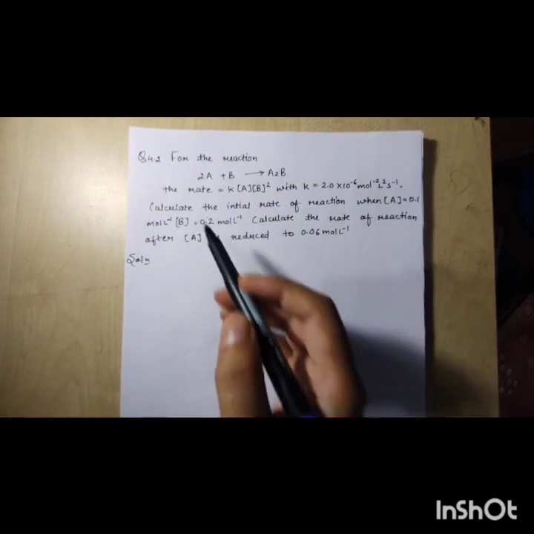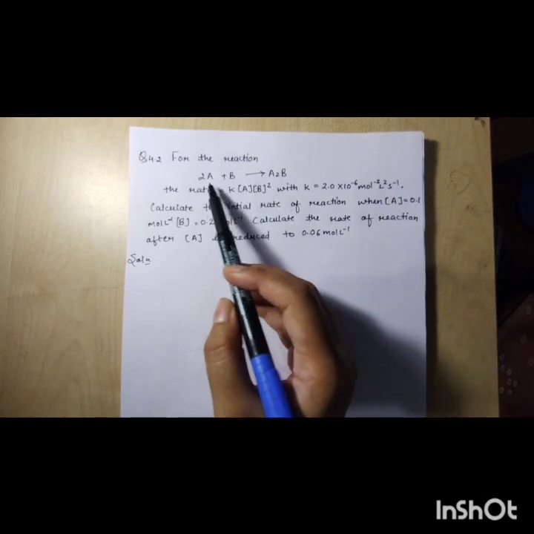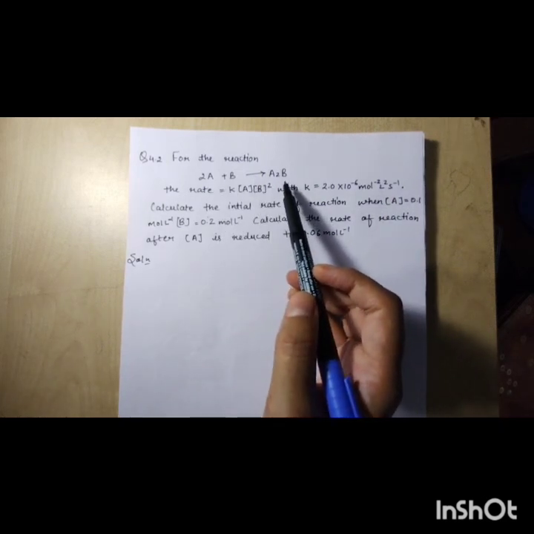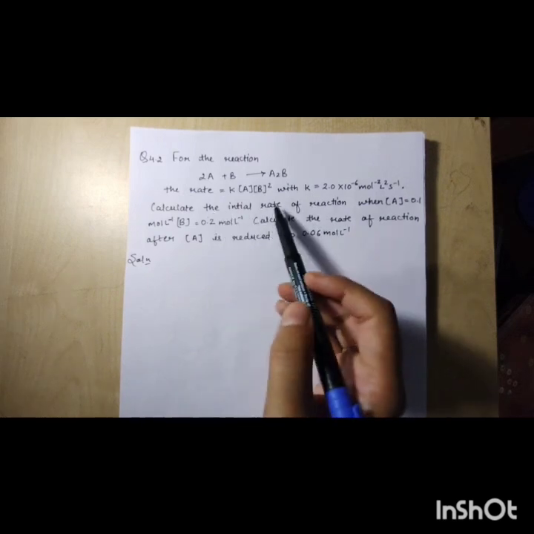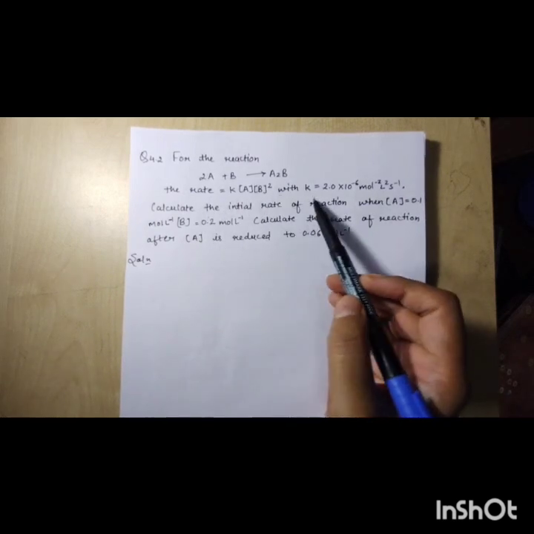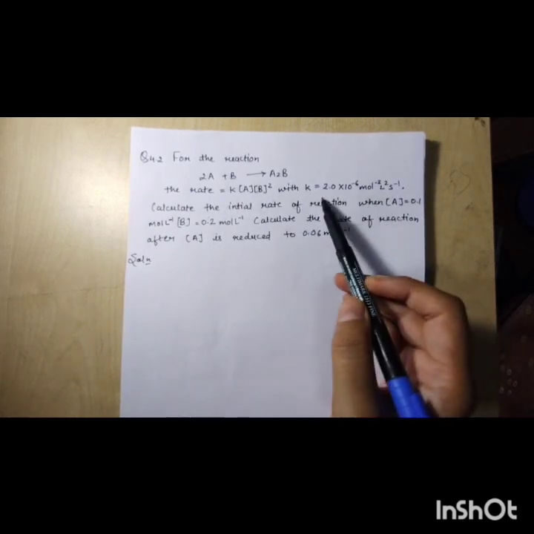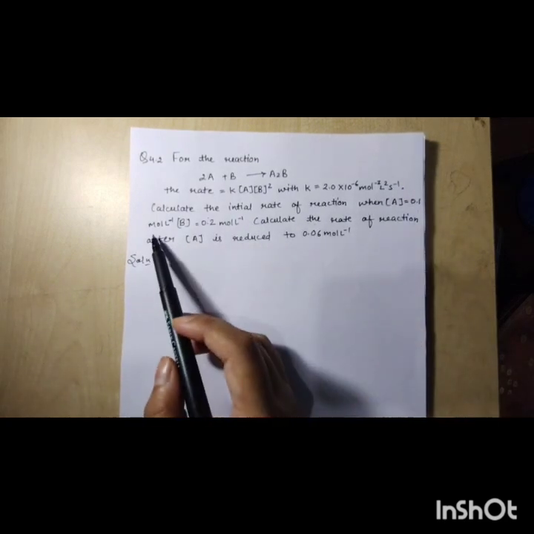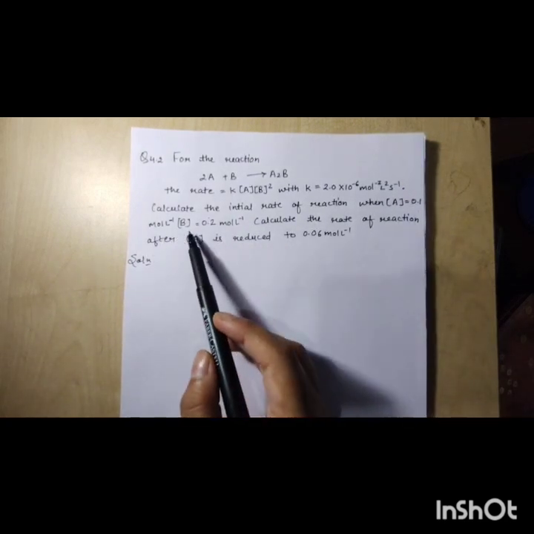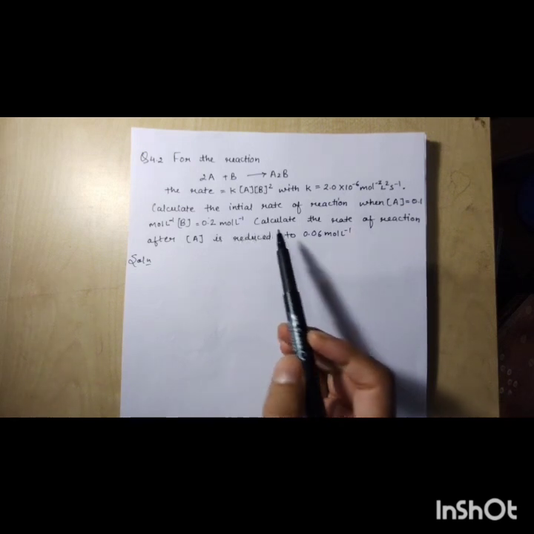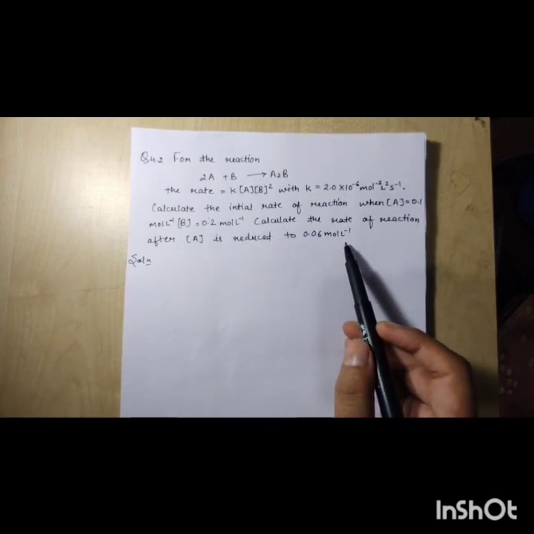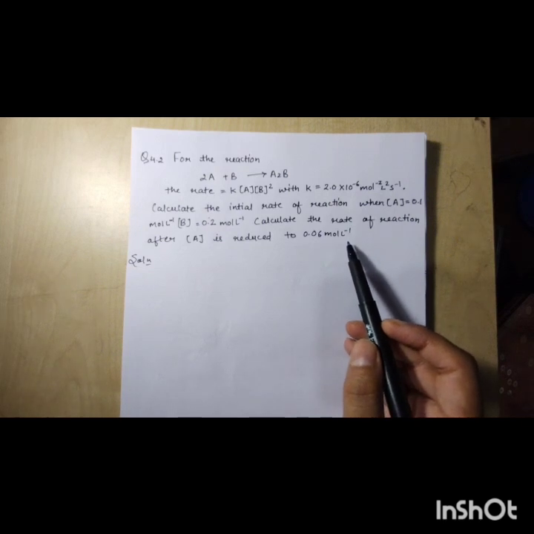Now the next question is: for the reaction 2A + B giving A2B, the rate is k[A][B]^2, with k the rate constant. Calculate the initial rate of reaction when A is equal to 0.1 mole per liter and B is equal to 0.2 mole per liter. Calculate the rate of reaction after A is reduced to 0.06 mole per liter.